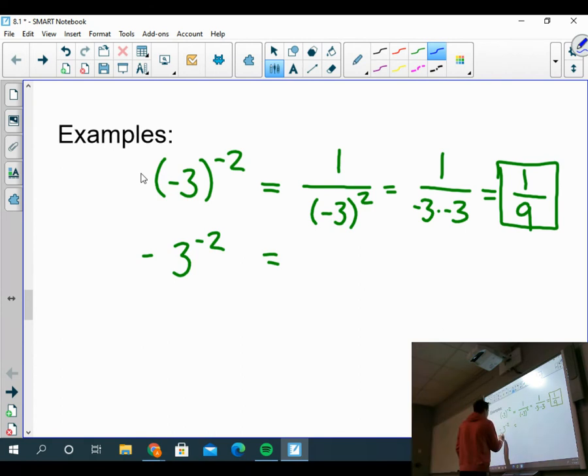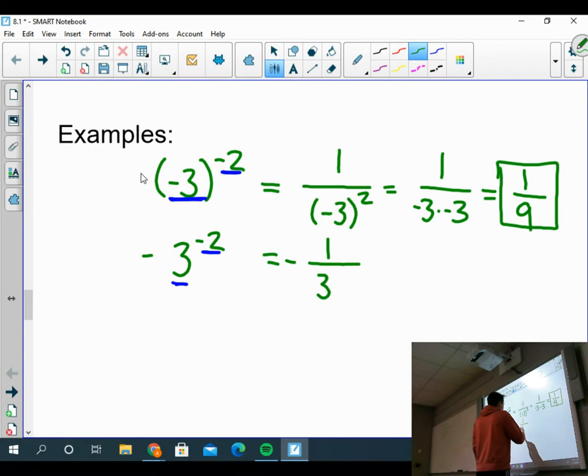Only the 3 in this case is being applied to the -2nd power. Whereas the parentheses take the negative and the 3 and apply them to the -2nd power in the previous example. So how does that shake things up? Well, again, we are going to get rid of that negative exponent by moving the 3 in the exponent to the denominator, and that will make that 2 become a positive.